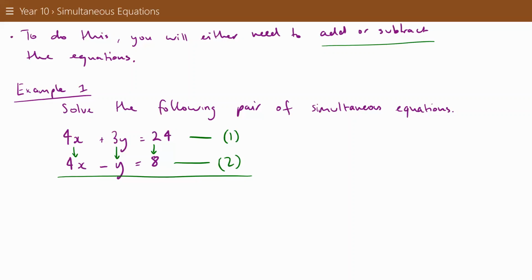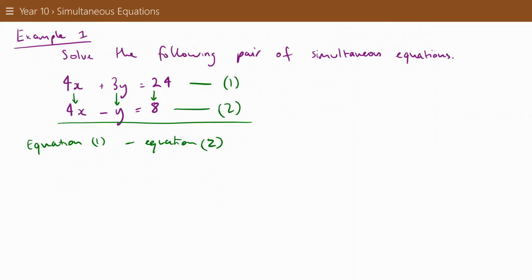Let's do that. Let's write here equation 1 minus equation 2. So we work downwards, alright? 4x minus 4x equals 0. If you want, I sometimes over here just draw a little curly bracket.